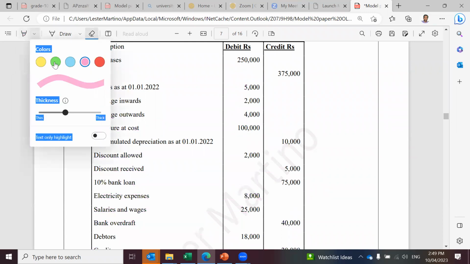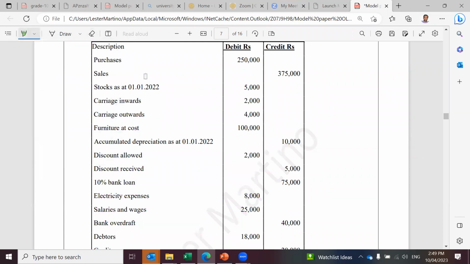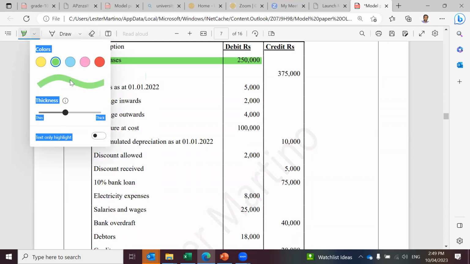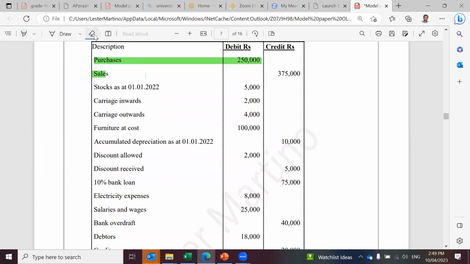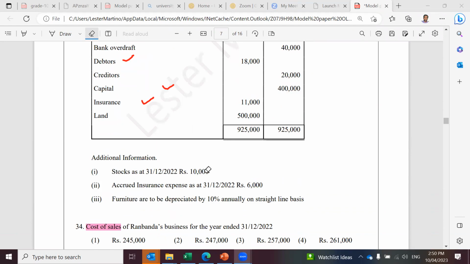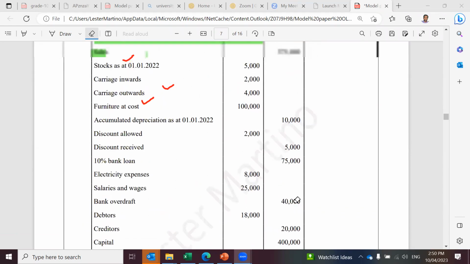So what are the things that we need to know? Purchases. Okay, I'll do it this way. Purchases will come, opening stocks will come, carriage inwards will come, and the closing inventory also comes. Shall we take that into account?